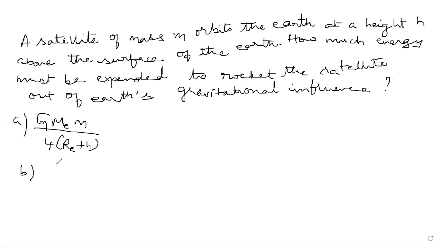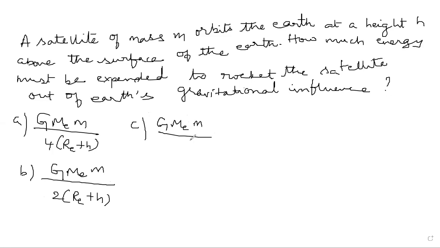Option B: GMEM divided by 2 times (RE plus H). Option C: GMEM divided by (RE plus H). Option D: 2GMEM divided by (RE plus H).